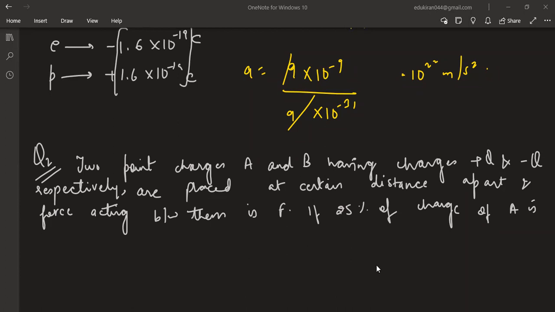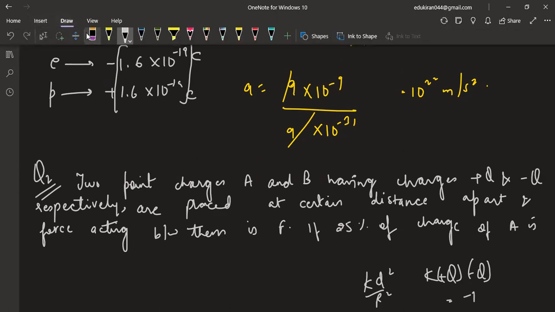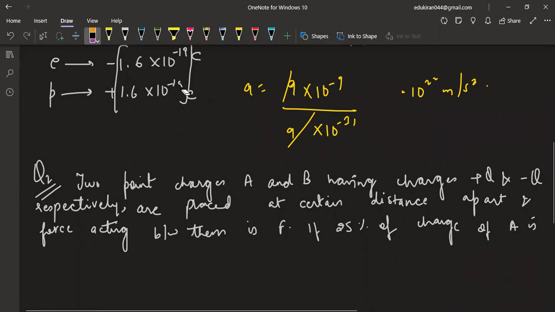Like if I just write k q square by r square right now, it will be a confusion. No, which q is there? So some questions specify by putting plus q into minus q in this way, but at the end the minus sign isn't used. Even in this question also, you are free to use it without the sign. You will get the same answer only. Just take the magnitude.